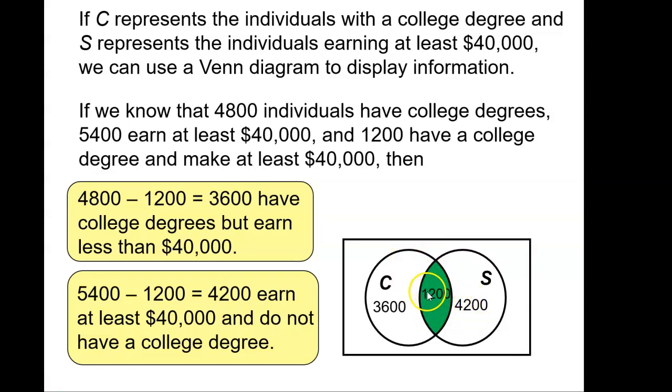That means that's 1,200 that have a degree and make at least $40,000. Set C are the individuals with the college degree only, and we determined that that's 3,600. And then S represents the individuals earning at least $40,000, and we determined that 4,200 of them earn at least $40,000 without a degree.